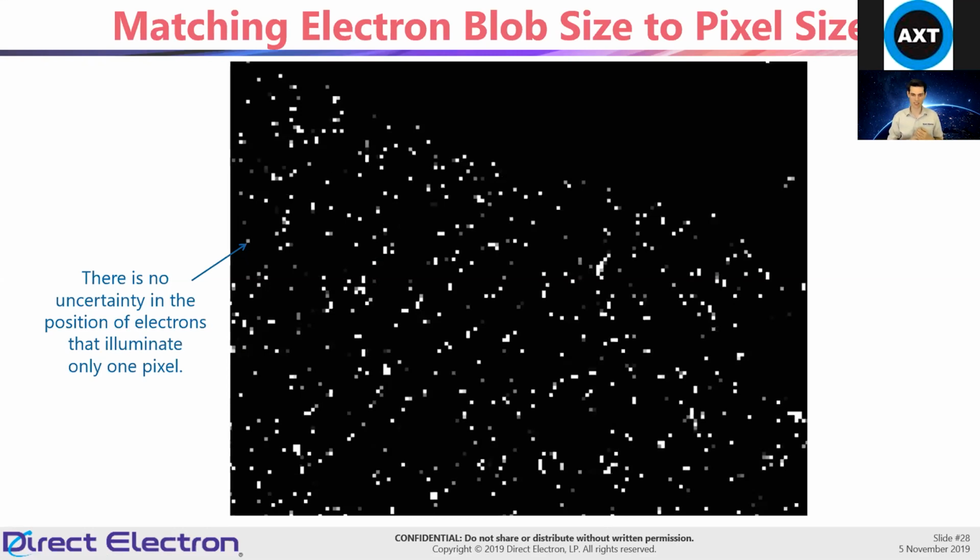So if we have events that are 4 pixels in size, then it's pretty easy to determine where it came in if you're going to do what we typically do, which is we use hardware binning. And this is essentially using 4 pixels on the camera to create one large pixel.